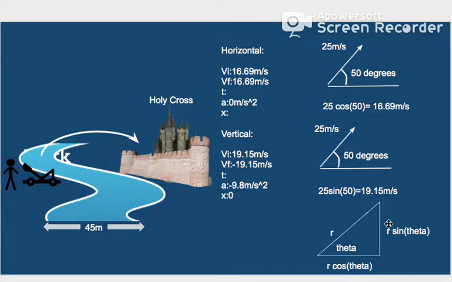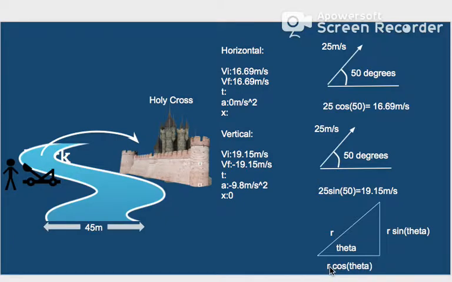To find the y component of this triangle, you multiply the hypotenuse, or r, in this case 25 meters per second, times the sine of theta, or the 50 degrees. And so we will get, down here, the y component, or our vertical initial velocity.